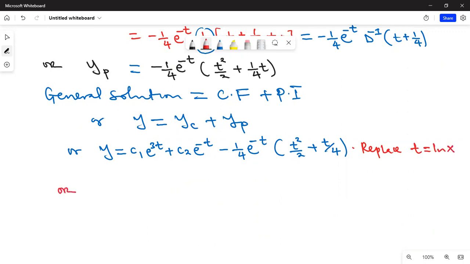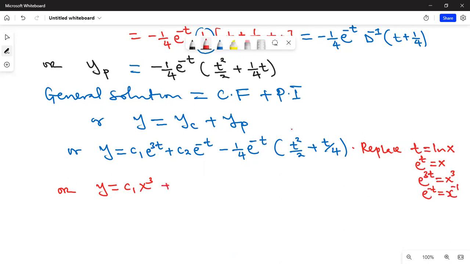So you can say, or, y is equal to c1. And what is exponential t? Exponential t is the same as x. So where we have exponential 3t, that's the same as x cubed. Exponential negative t will be x raised to negative 1, you see, which is 1 over x.